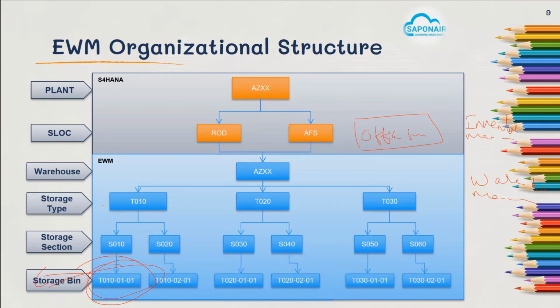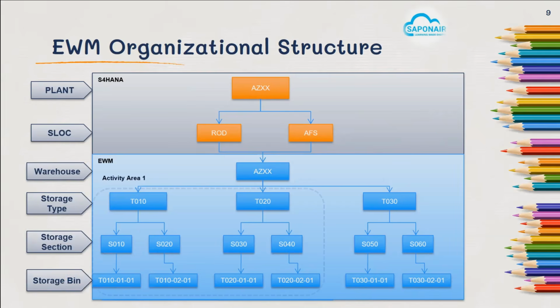Whenever you want to find the stock, this is how it starts: you go plant, storage location, storage types, sections, and finally the bin. So the objective of any warehouse is to optimize and select the correct bin for your business processes. That is the main objective of any warehouse solution. So you understood, right?